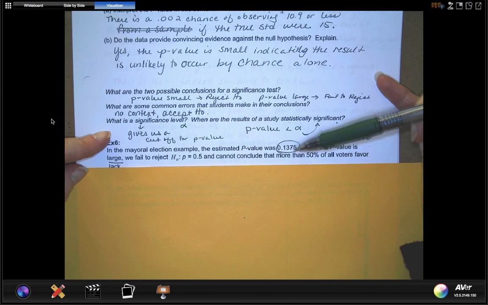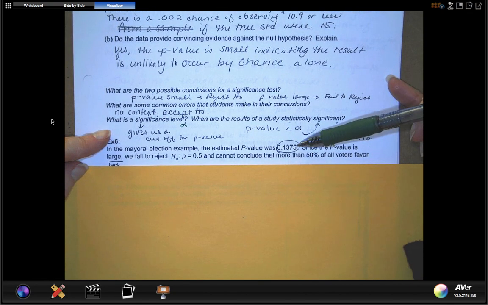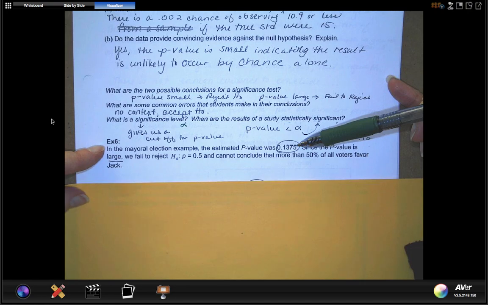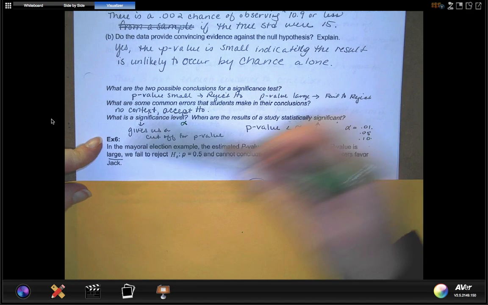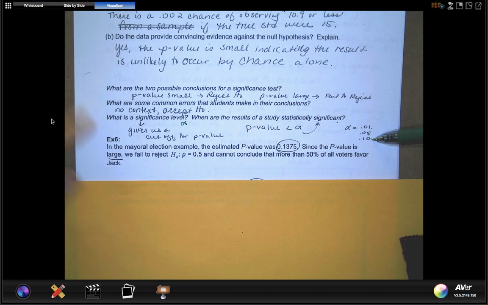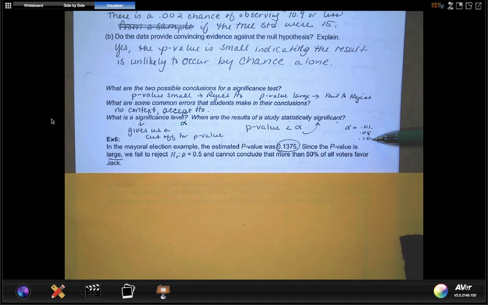So back to Mayer, to Jack for Mayer. Here's his p-value. This one right here is pretty high, so it says here it's large. This is usually our maximum cutoff that you'll see, and this number is bigger than that.